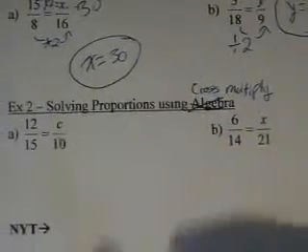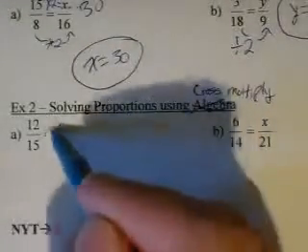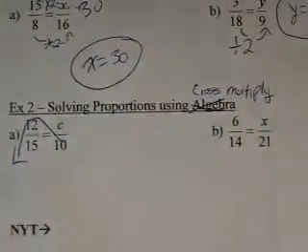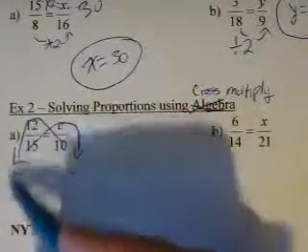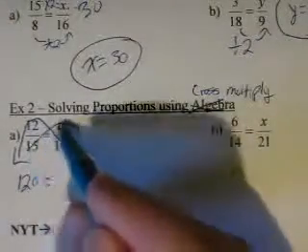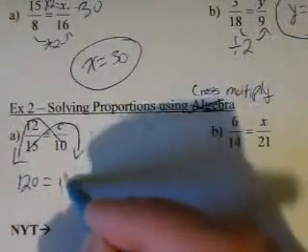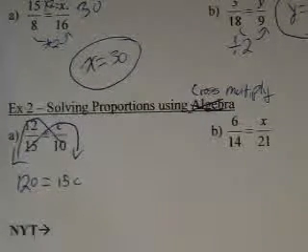So, let's do cross multiply. To cross multiply, what you do is you take your 10 times 12, your 15 times C. Well, 10 times 12 is 120. 15 times C is 15C. Now, this is an itsy-bitsy little one-step equation.